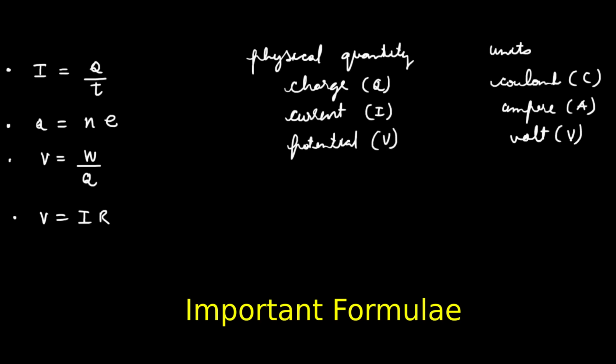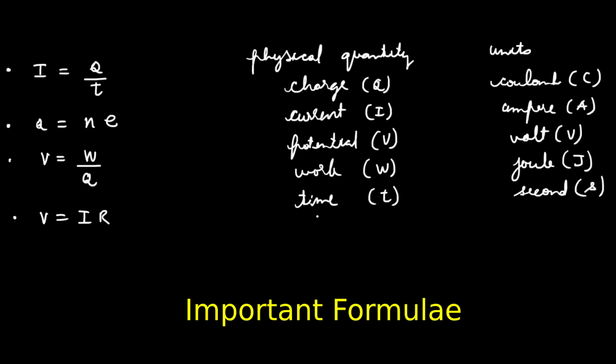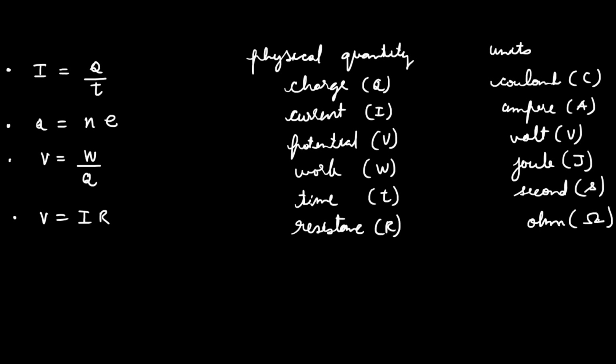Work, which is W, is measured in joule. See, these are all names of people, so they are capital letters. Then you have time, which is T, which is measured in second. And you have resistance, that is R, which is measured in ohm. Another person's name, but they have used a Greek letter instead of a capital O over there. Yeah, so these are the formulas based on which numericals will be done.